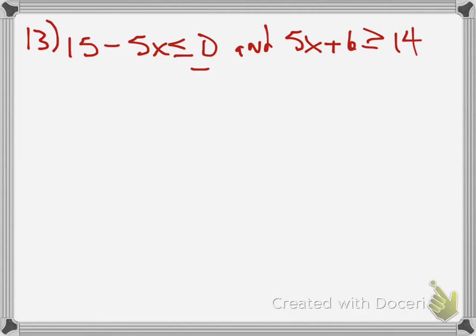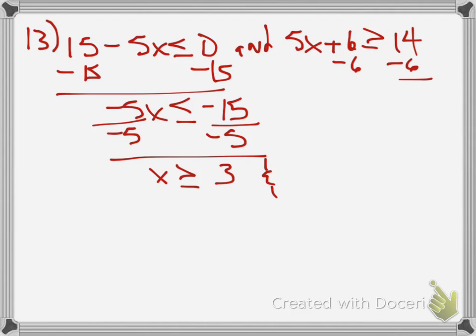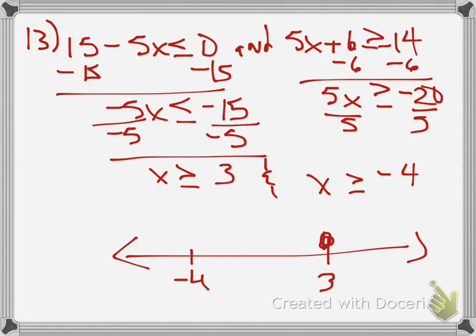So here I'm going to subtract 15, divide by negative 5, x, remember they switch, 3, and minus 6, 5x, oh that's a negative 14, sorry, negative 20, and then divide by 5, x greater than or equal to negative 4. Okay, so basically this is an and one, so here's negative 4, here's 3, close dot at both.